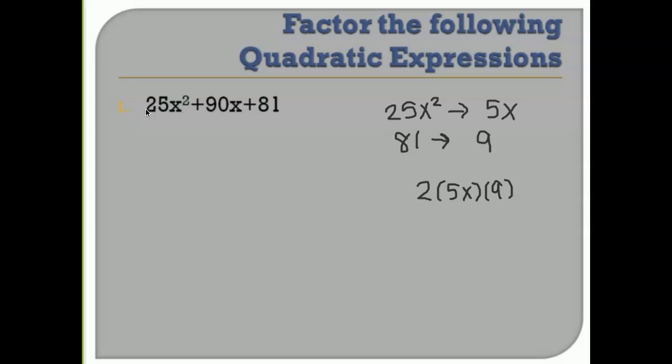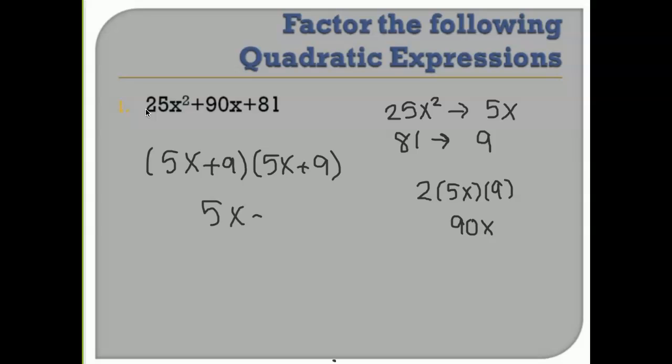So 2 times 5 is 10. 10 times 9 is 90. So 2 times 5 times 9 is 90. The middle term is 90. Therefore, the rule applies. So we have 5x plus 9 squared.